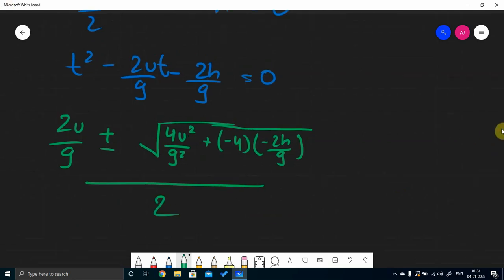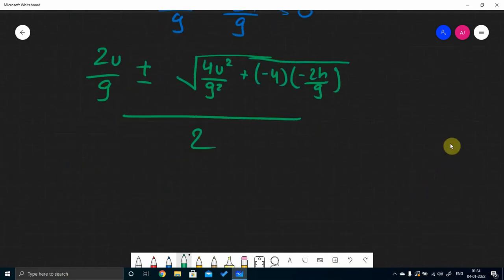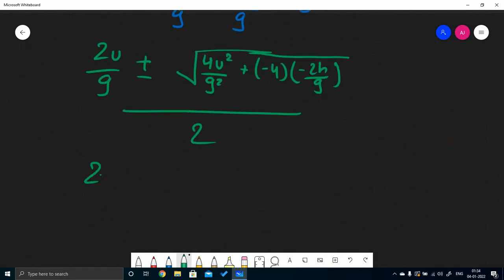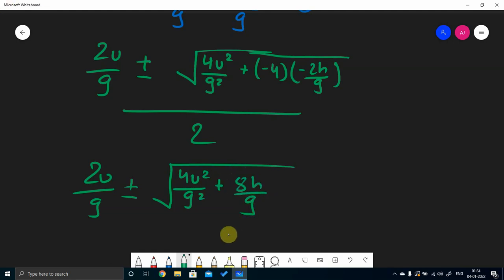If we simplify this a little more, we get 2u by g plus minus under root 4u square by g square plus 8h by g, entire thing divided by 2.